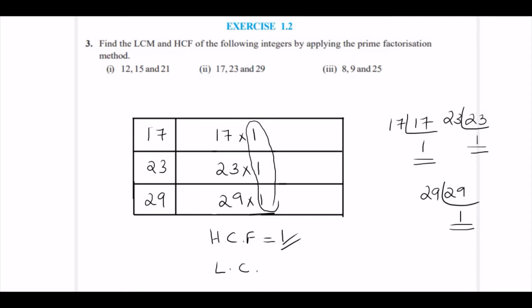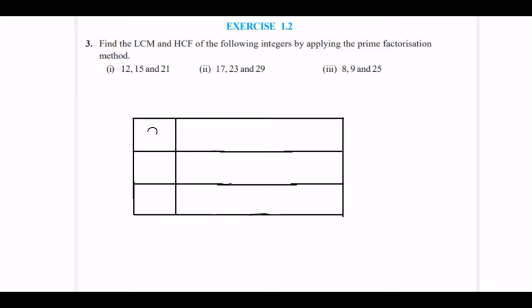LCM is all the factors. So 17 into 23 into 29. So when you multiply, you get 11,339.